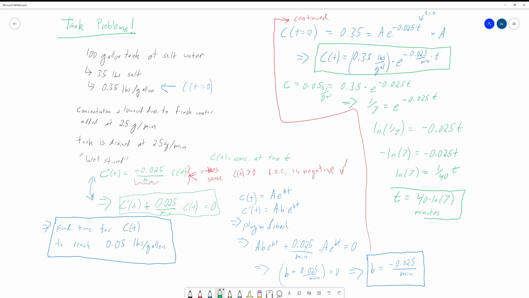And ln of 7, so e squared is something like 9, so ln of 7 should be roughly like, I don't know, 1.9 or something. So time should be like 76 minutes, something like this. I think the answer it gets like 76 to 78 minutes. So that is the answer.